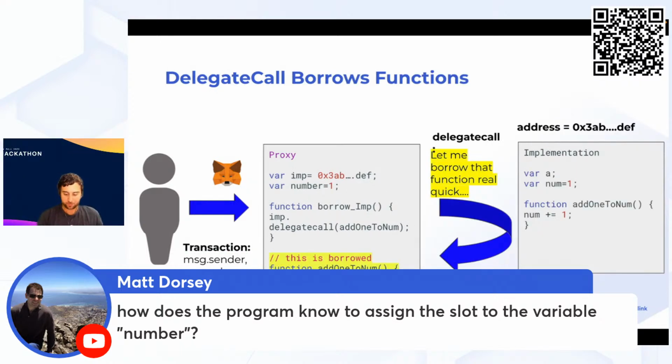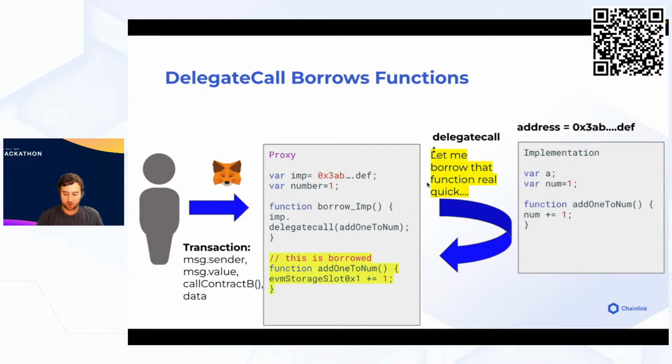Yeah, so again, when we went through this delegate call function right here, we were borrowing add 1 to num, and originally this function had num plus equals 1 in it. It was referencing num, the variable in this implementation. And we borrowed it, and it automatically switched num to storage slot 0x1.